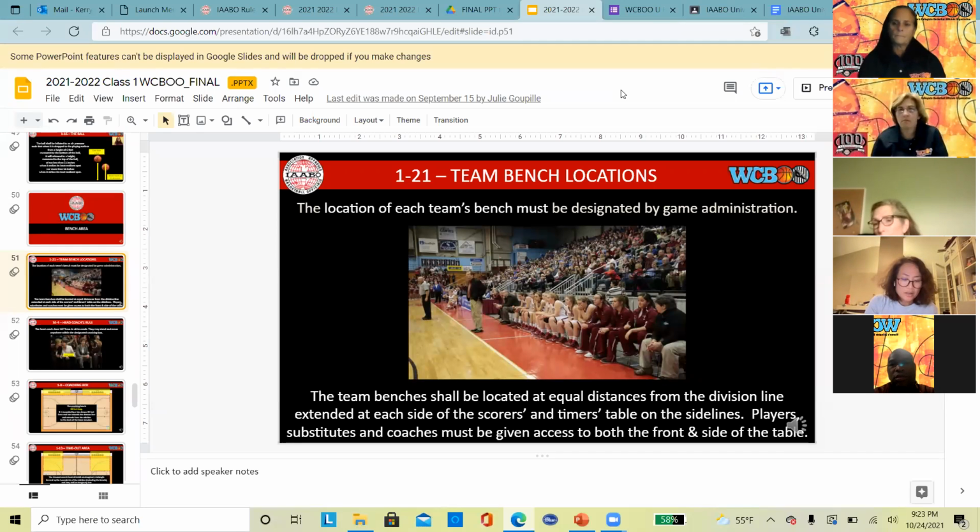So any equipment that's unnatural or designed to increase player height, do you have any experience with that? Something that would help someone jump higher. Yes, that's illegal.